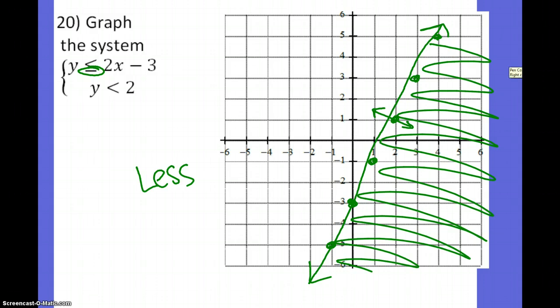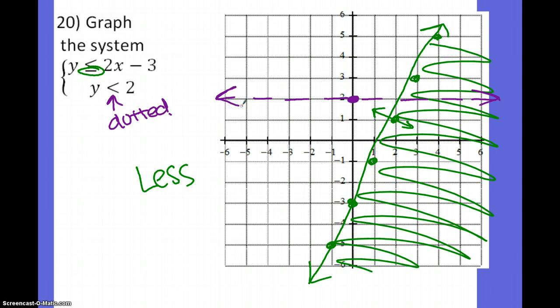The other line you're going to graph, you start at 2 on the y-axis, and because there's only a y, that line would come across through the y-axis. It's going to be horizontal, but it's going to be dotted because you do not have an equal to. So dashed line here.